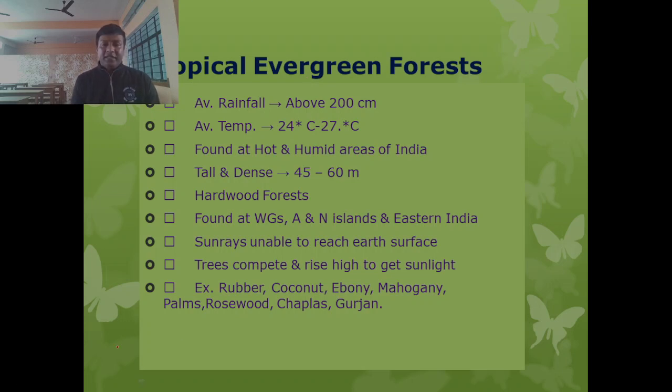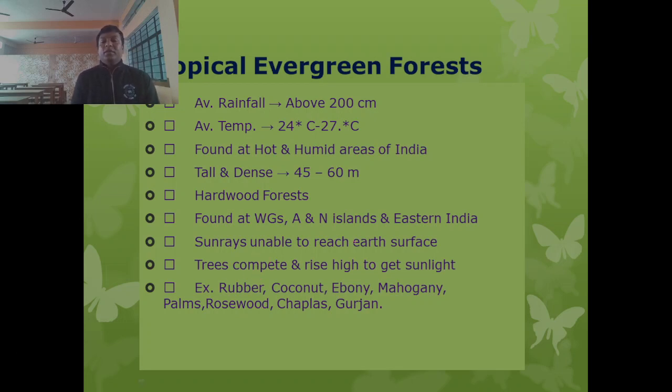The major trees in this area are mahogany, ebony, rubber, coconut, palms, rosewood, chaplas, and gurjan. These are all the major trees. The areas where we find it are the Andaman and Nicobar Islands, Eastern India, and the Western Ghat. This is the main area.